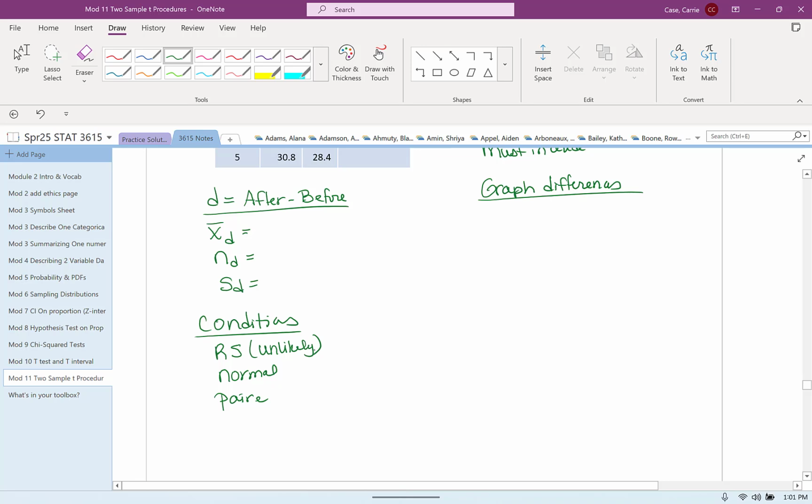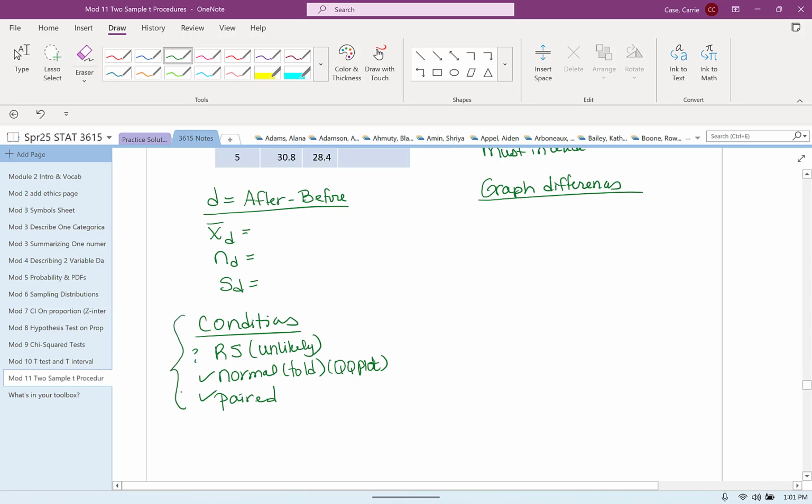And so people who've been exposed to trauma is a convenient sample. You can't expose people to trauma. That would be unethical. And normality, we are told that we have normal data, but we're also going to look at our QQ plot. That one's going to be pretty normal as well. We'll just look at it in a minute. And then we have paired data.